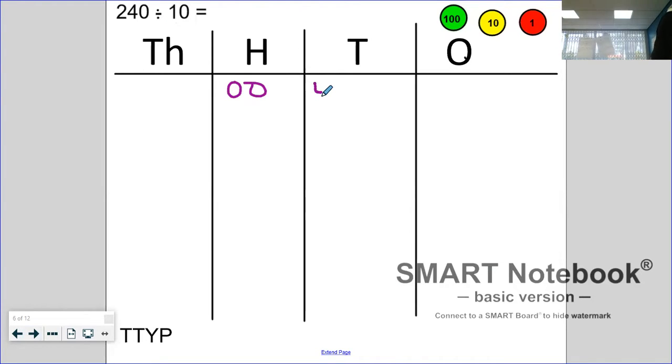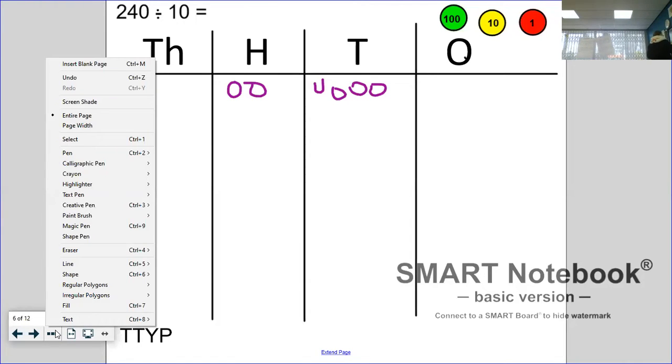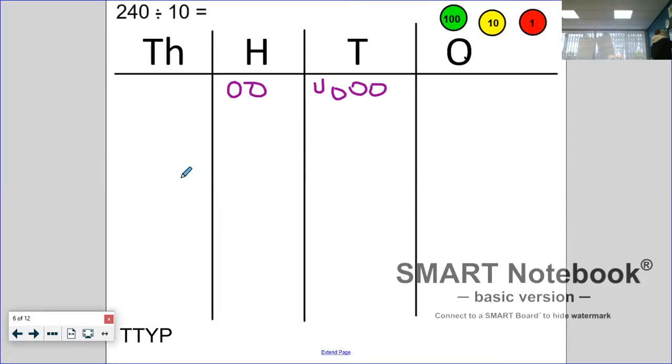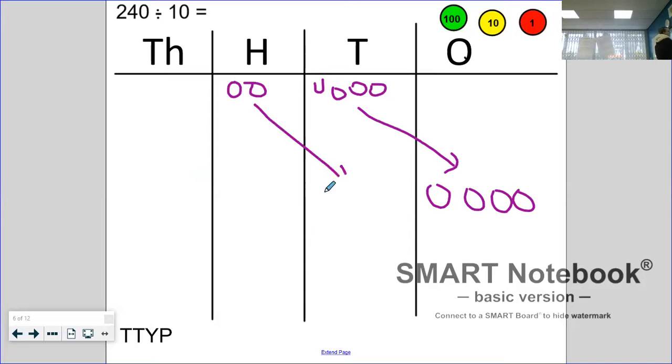So I'm going to be moving my tens to my ones. Yep, my tens go over to my ones, so I now have 4 ones. And my hundreds are moved to my tens, because 10 times smaller than hundreds is tens. That leaves me with 2 tens and 4 ones. My answer is 24.